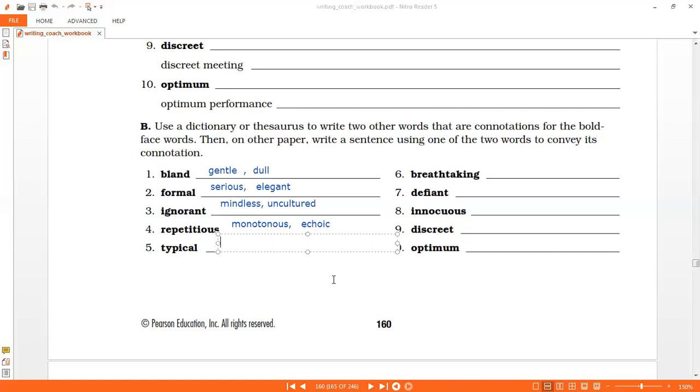Typical is something that is habitual, or basic.